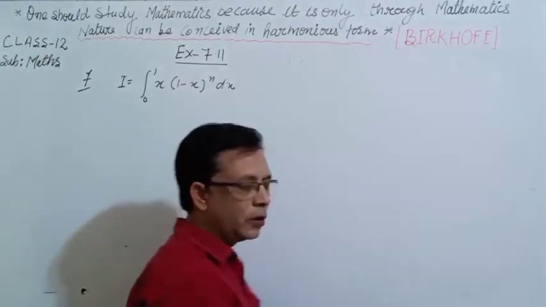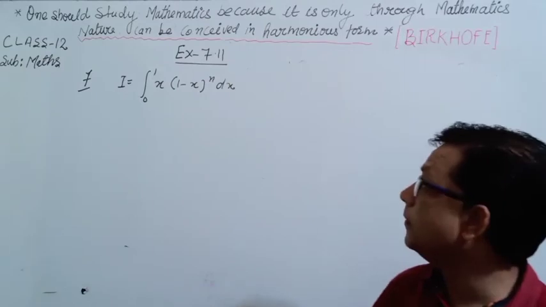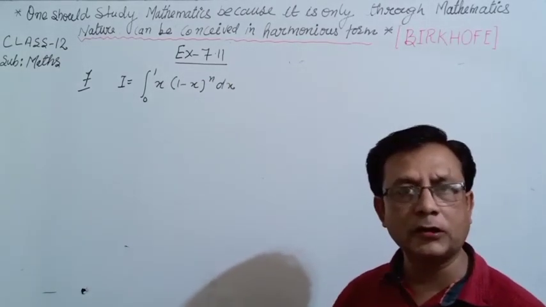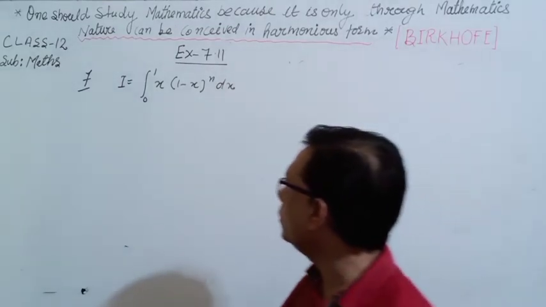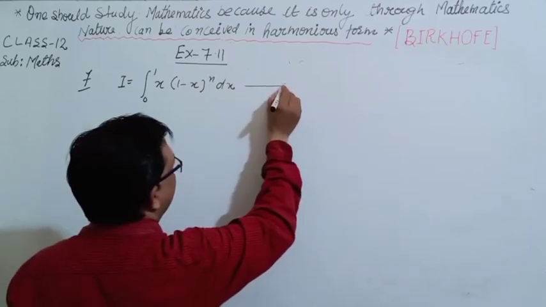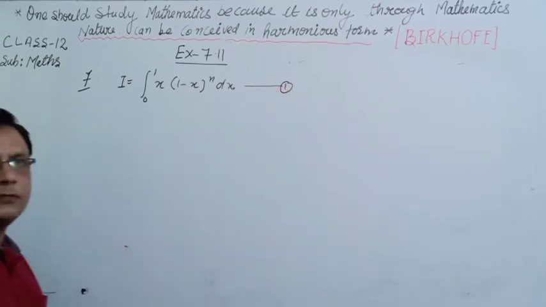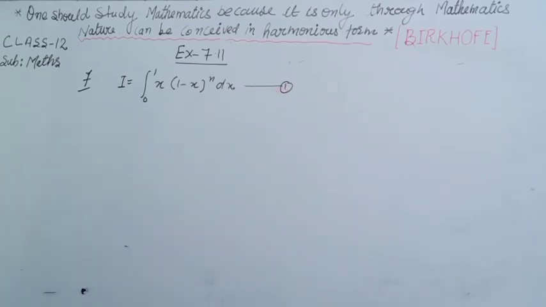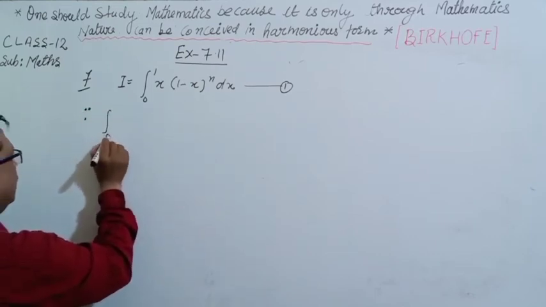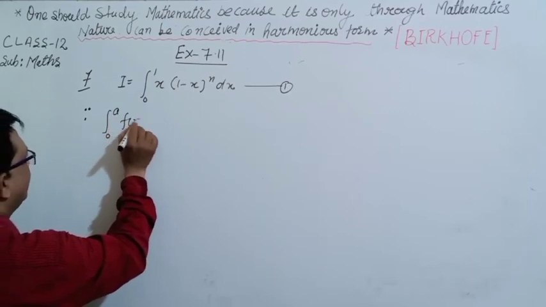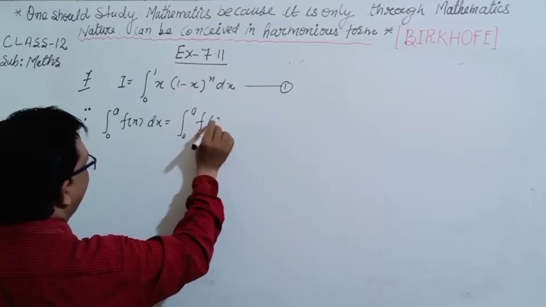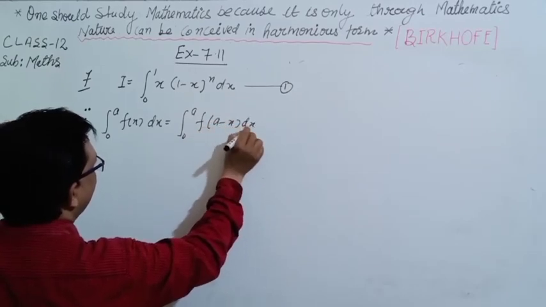Okay. Students, this is question number 7. And based on the King's property of 0 to a, here is the given question. We write this question, this is equation first. So we apply here the property: integral 0 to a f(x) dx is equal to integral 0 to a f(a minus x) dx.